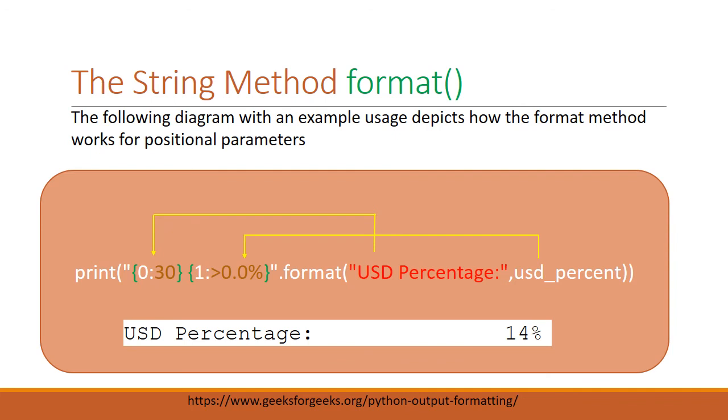So we're going to use 30 spaces to print that string constant. The second set of curly brackets, the 1, represents the second parameter in our format method, USD_%, which is a floating point value. We want it to be right justified, and displayed as a percent with 0 decimal places.